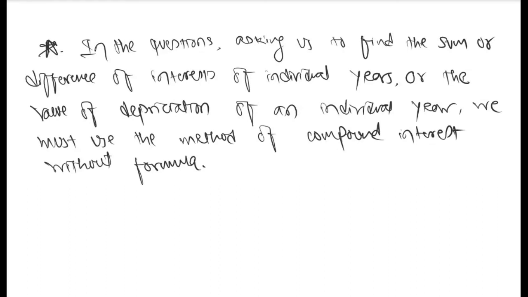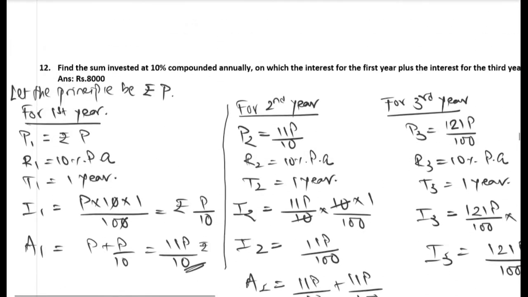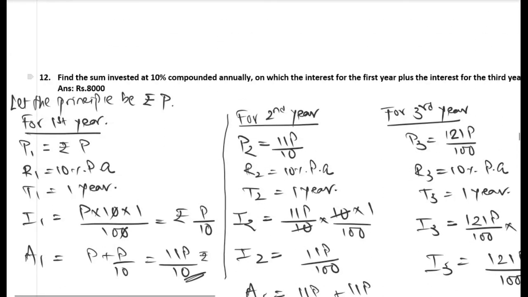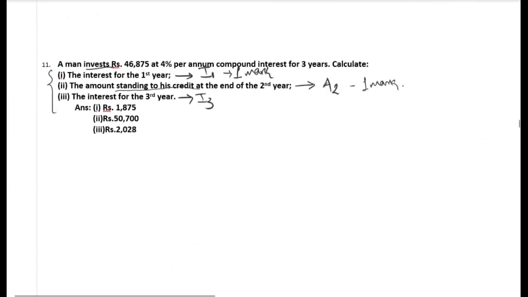So the questions which we just saw, that is question number 12, where they asked us to find the principal with the help of a relation between the interest for the first and third year, I1 plus I3. Then question number 11, where they asked us specifically to find interest for the first year, amount for the second year, interest for the third year.